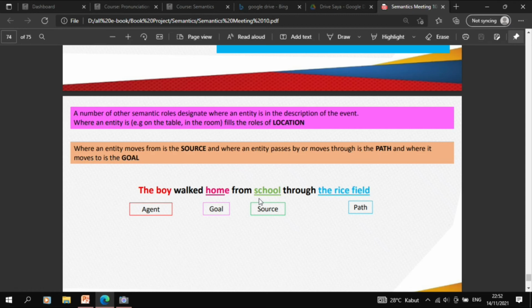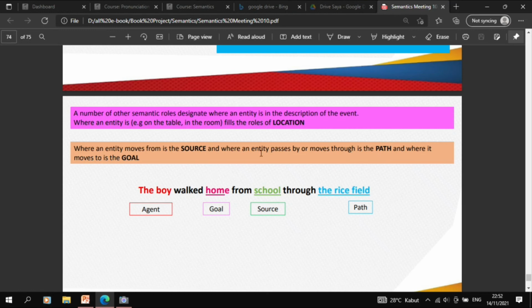So that's why school is what we call as source. Through, melewati, rice field, sawah. Nah, so rice field here is what we call as path. So in this sentence, it is so detailed that the statement says the source, the path, and also the goal. So this is a very clear sentence. You see, this sentence has 4 semantic roles.